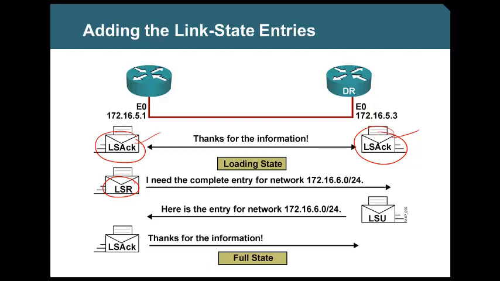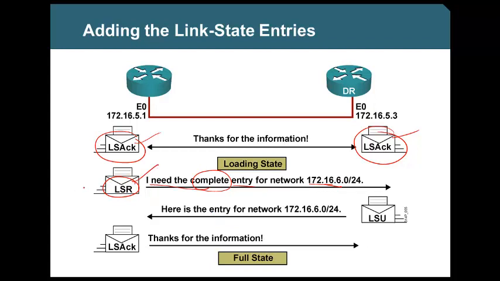Okay. After this, you see they got some query, because they were only sharing the DBD. There is a query: hey, I want more information about this particular network, can you give it? That is what is called LSR, link state request, which is type 3. For that, a response comes, which is type 4.